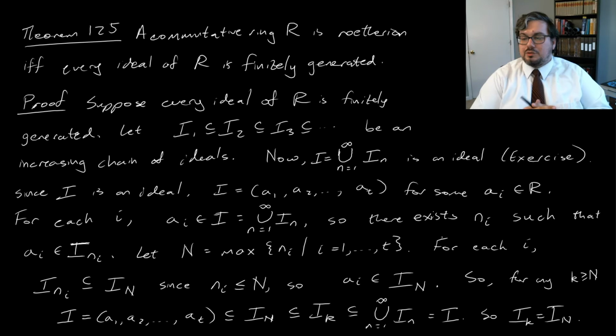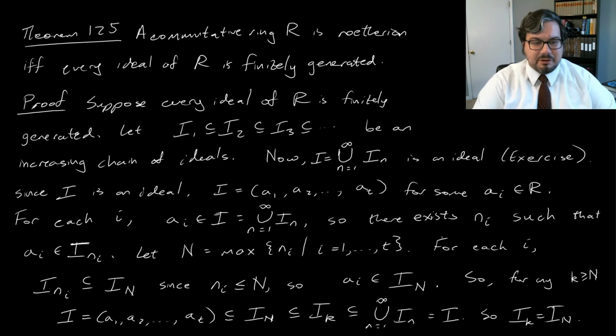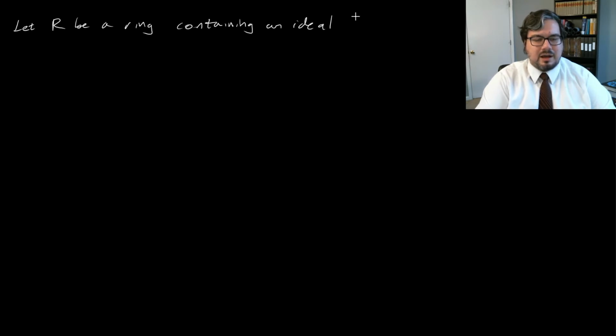Okay, so that proves that if every ideal of R is finitely generated, then the ring R is Noetherian. For the other direction, let R be a ring containing an ideal I which is not finitely generated.